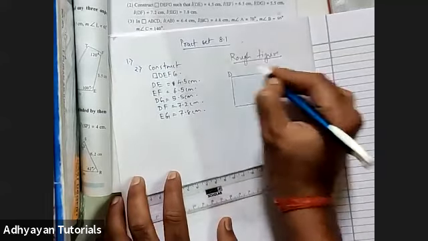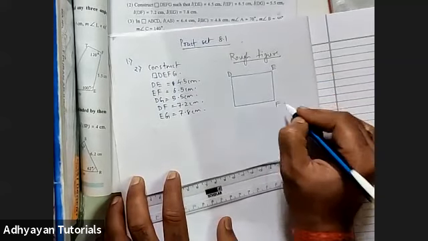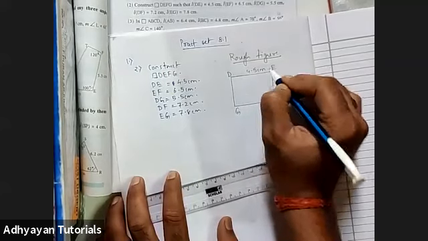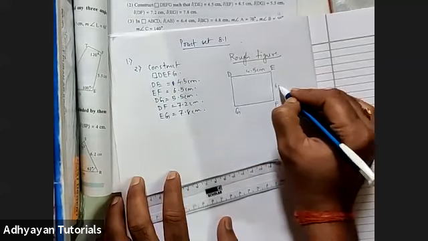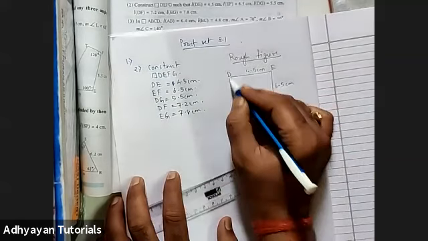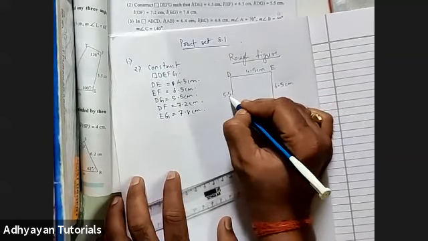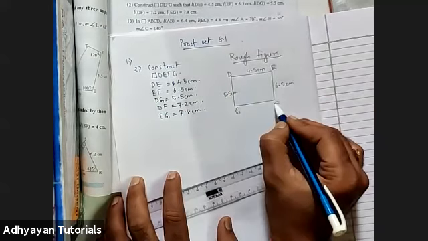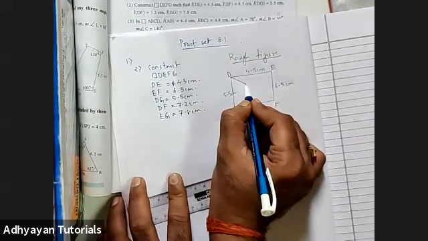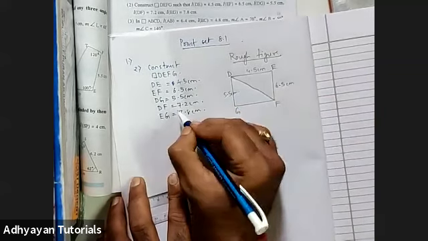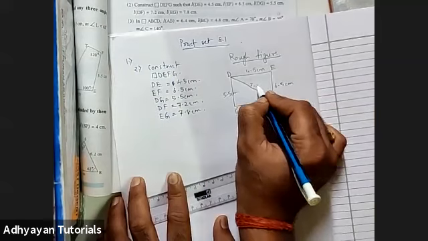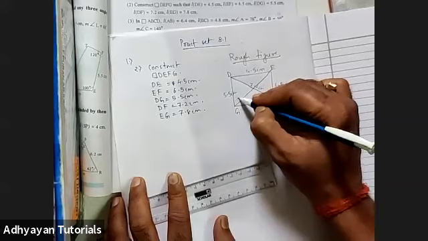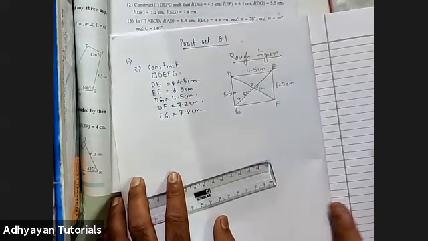Okay, the name is D, E, F, and G. DE is 4.5, EF is 6.5, DG is 5.5, and okay, DF, the diagonal, children, is 7.2, and this diagonal EG is 7.8, right?